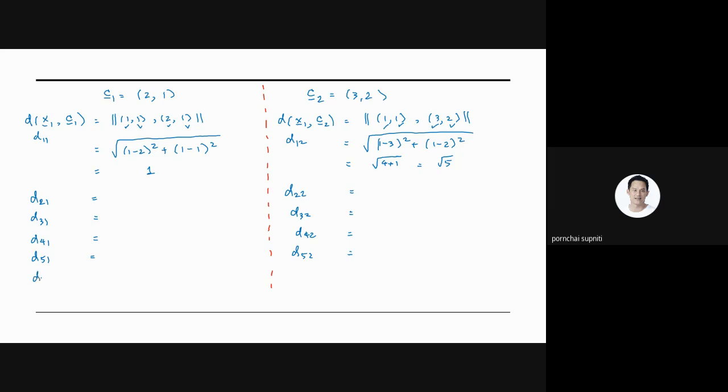Can you do D61 and D62 for me? And Fanat, can you do D71 and D72? Okay, and then Tiravit, can you do D81 and D82? So it's less work for me. Actually, I've done them all already, but I just want you to do them as well.